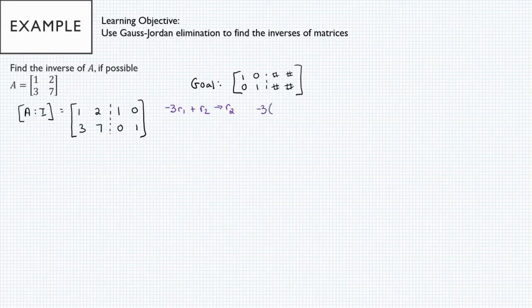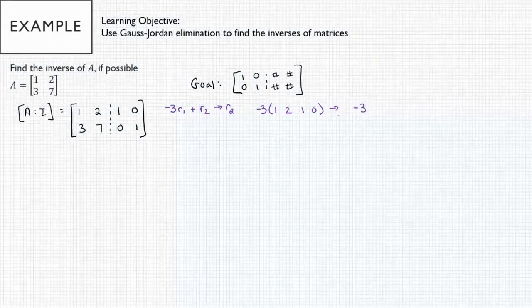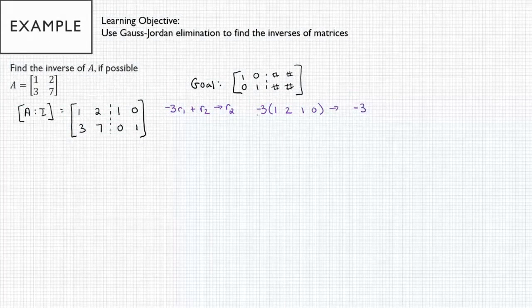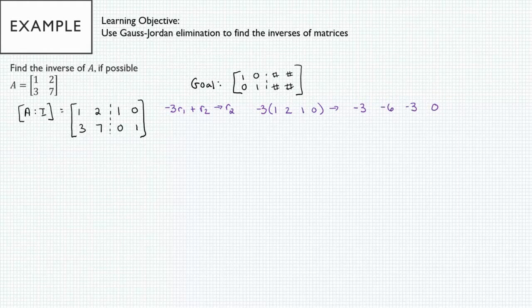So -3 times row 1 gives me -3, and then -3 times 2 is -6, a -3, and a 0. So I'm just multiplying everything in that first row by -3. And then I'm going to put my second row underneath it and add them together.